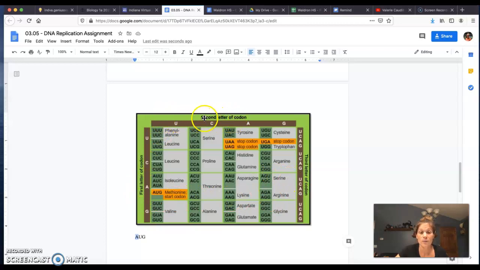Now we go to the top. This is the second letter of the codon. Our second letter is a U. That's narrowed us down to this column and this row. So we can only look within this square because that's where the column and the row overlap. Now over here we go to the third letter of the codon.